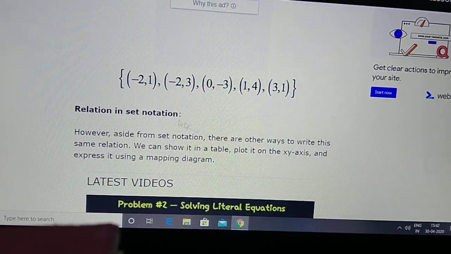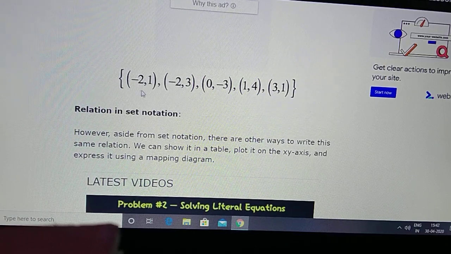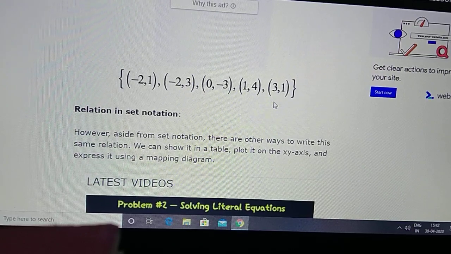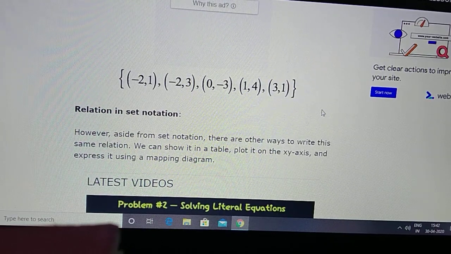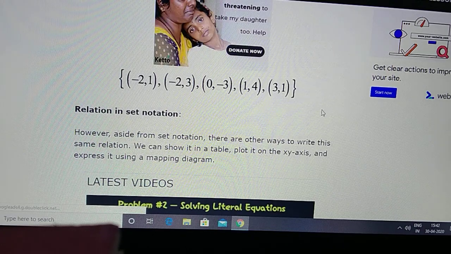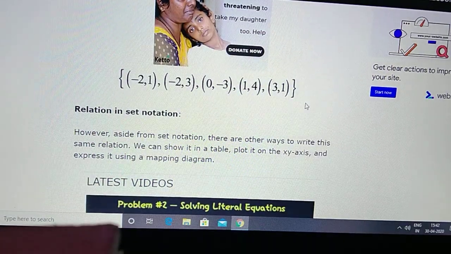Look, we have given one in proper form: {(-2, 1), (-2, 3), (0, -3), (1, 4), (3, 1)}. These curly brackets mean the relations are in a set. So these are the relations.